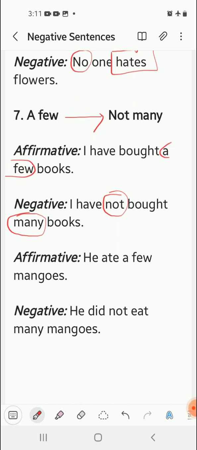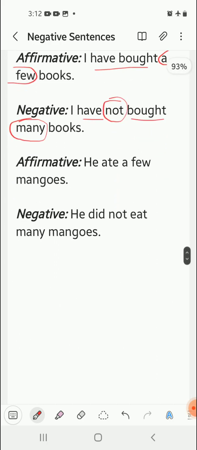So I have not bought many books. Have bought is there, so that is why here also have bought is there. Now next example, he ate a few apples. So a few will get replaced by many, and we have to add the word not in it. So he did not eat many mangoes.